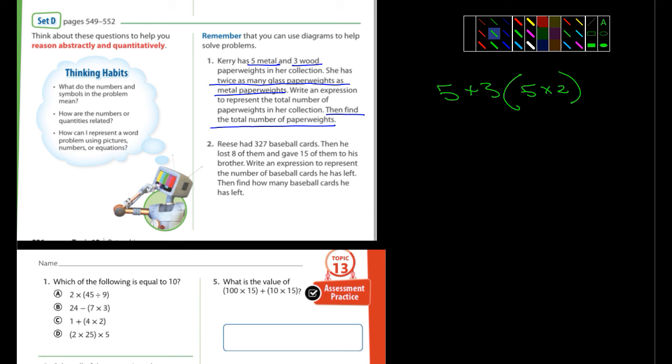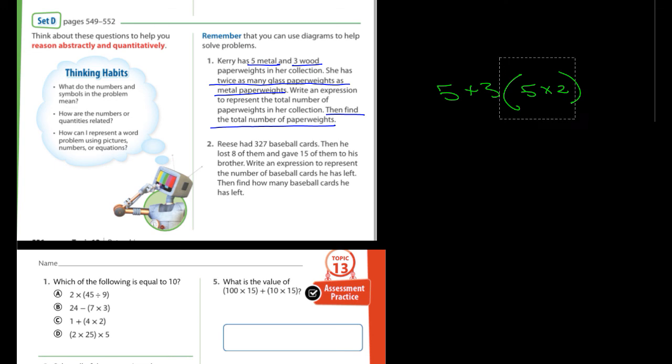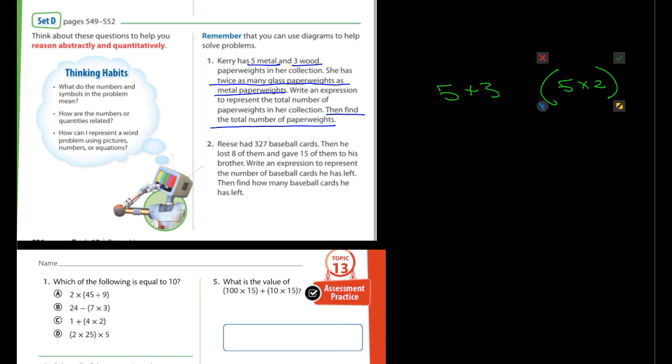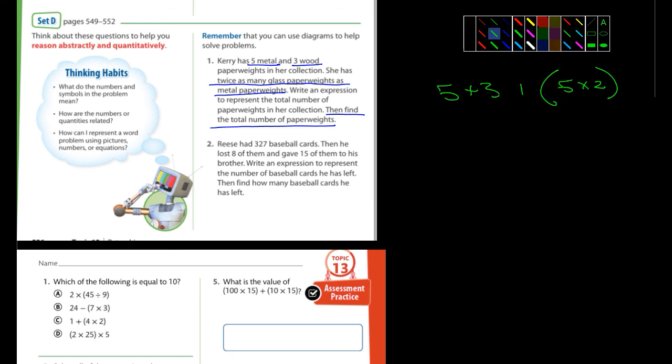Here's what I should have done, is put an addition sign in there. And I'm going to do that now. There we go. Because then it says write an expression to represent the total number of paperweights in her collection.